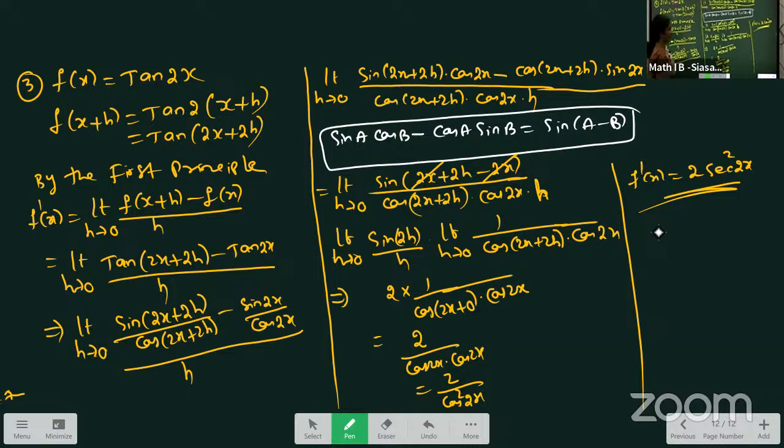Move to the next question. If you have it in terms of cot, then how does the first principle work out? f of x is equal to cot x.